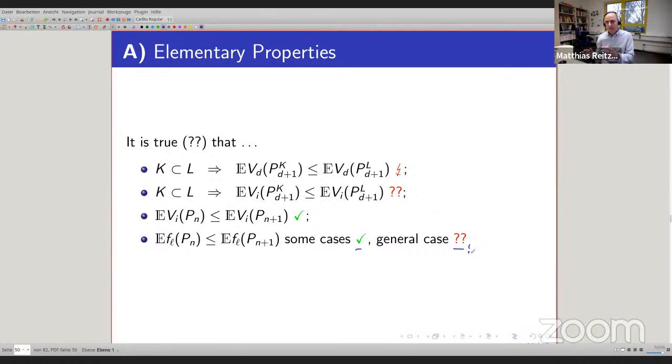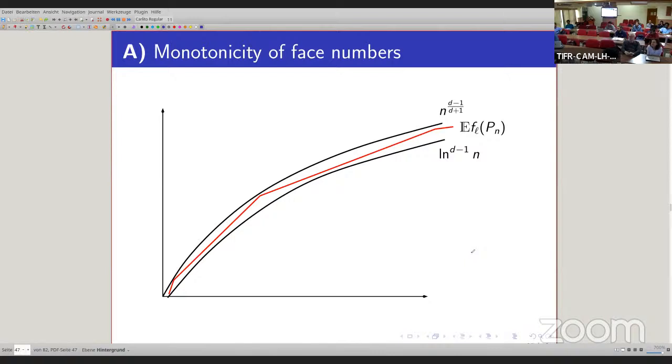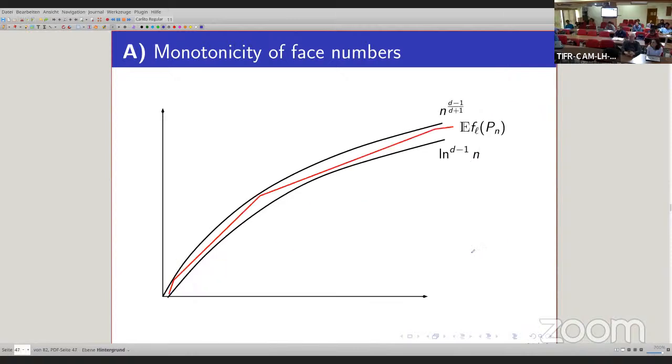And most of these bodies which are somewhere in between, they behave sometimes like a smooth convex body and sometimes like a polytope. Yeah. But then the figure you showed, doesn't it show it's not monotone because the fluctuation says there is no monotonicity in those cases, or that's unclear. So either the behavior is like this picture, so that it's not monotone, or the behavior is like this, then it's monotone. Okay. Yeah, so both could happen. It's unclear what's really going on.